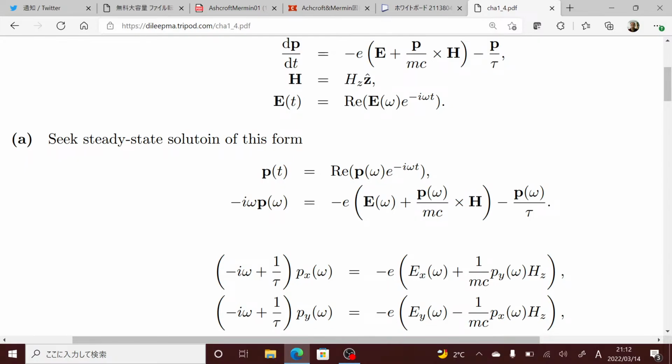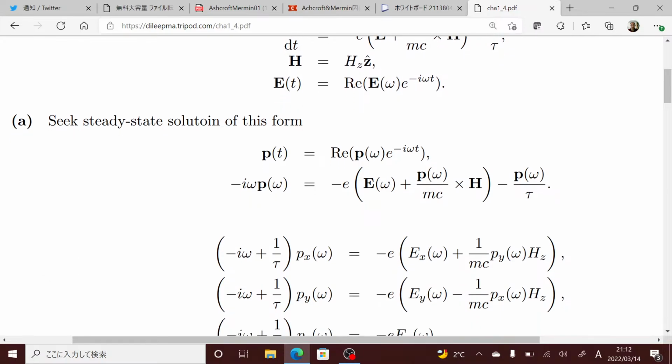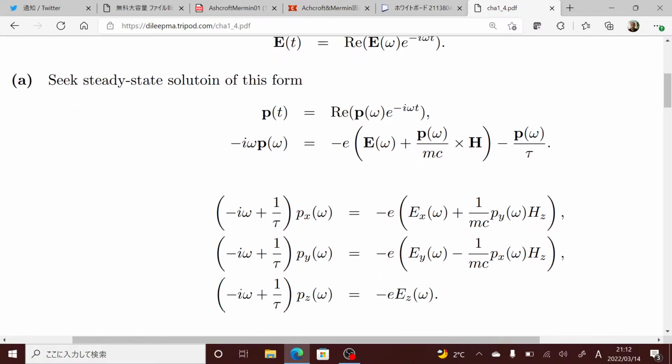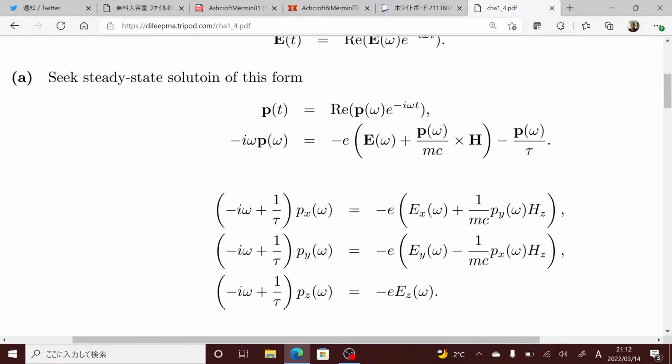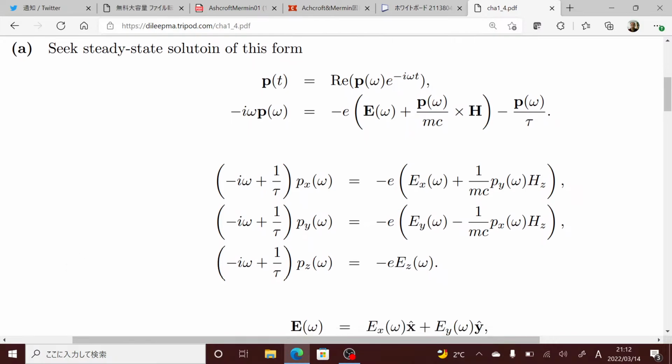H is constant, so we can solve this way.